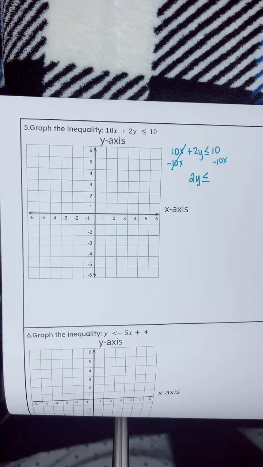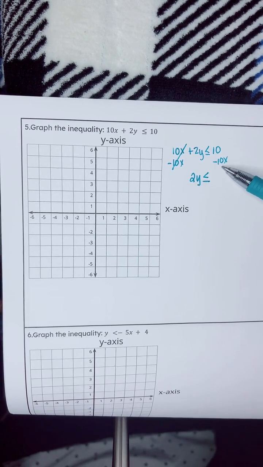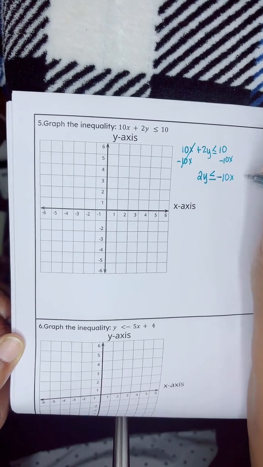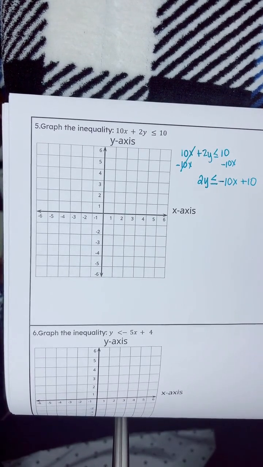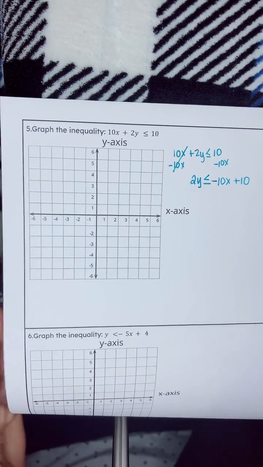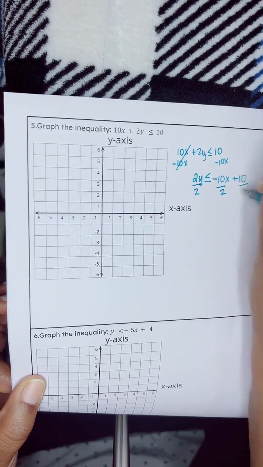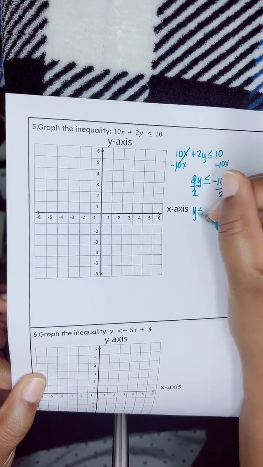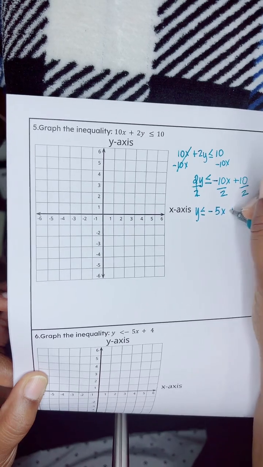Good. These are not like terms, you guys. They both do not have an x. So we just write them horizontally. Okay, now I was seeing somebody said divide by 2. Perfect. Divide both sides. This cancels, and we get y is less than or equal to negative 5x plus 5.